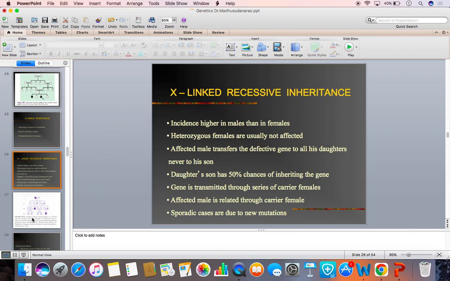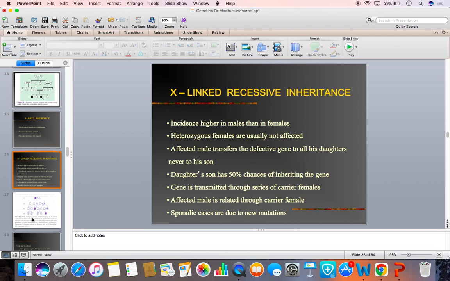Because there are two X chromosomes and a pair of alleles in girls, whereas the boys will have only one X chromosome and it is not associated with a similar gene, because there is only one gene that functions on the X chromosome.